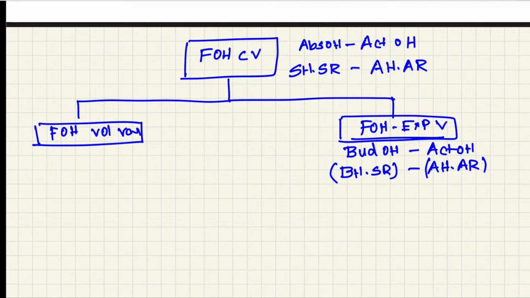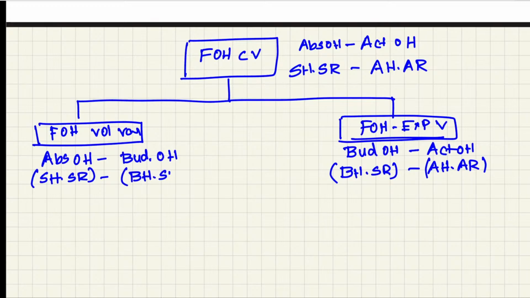On the left hand side we have factory overhead volume variance. This is the difference between absorbed overhead minus budgeted overhead. Absorbed overhead formula I already know: standard hour at standard rate, and budgeted overhead is budgeted hour at standard rate.